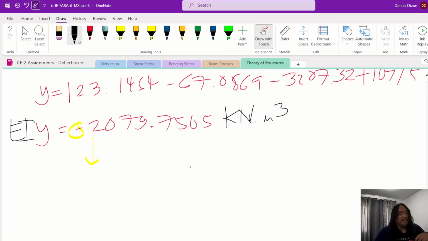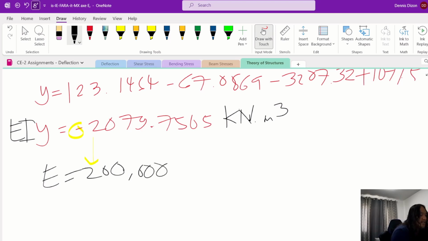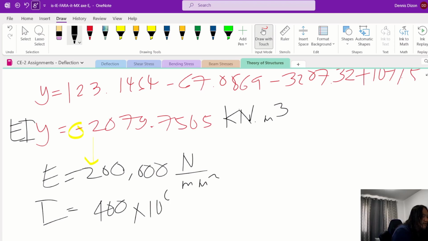Our E is 200 gigapascal. Convert that to megapascal, times 1000, so that is 200,000 megapascal. Megapascal is the same as Newton per millimeter squared. And I is 400 times 10 to the 6 millimeter to the fourth.